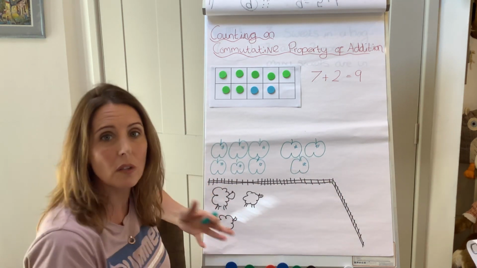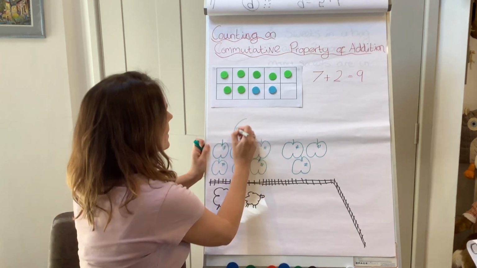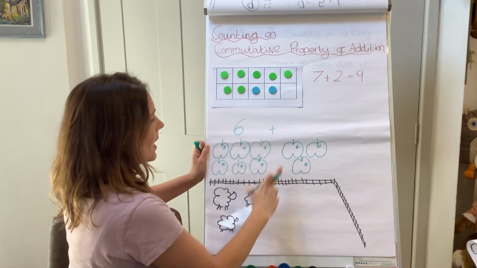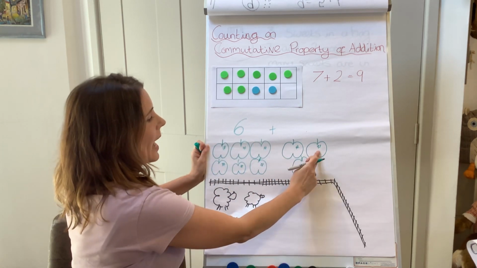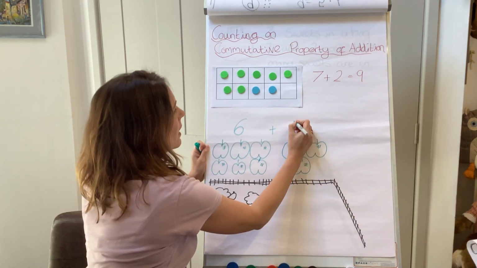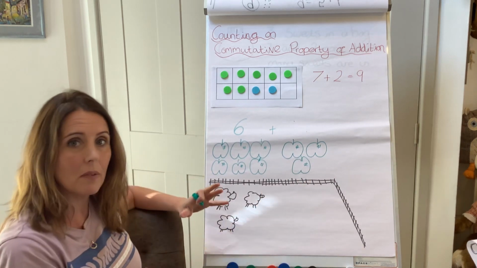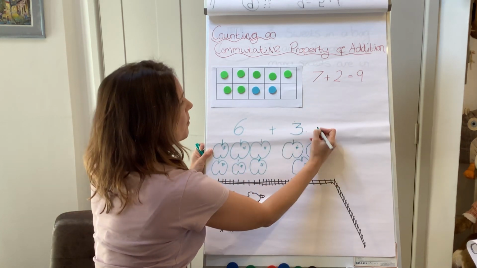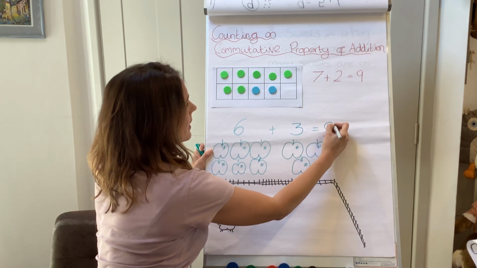So I'm going to count on to find it. I know I've got 6 here, and I'm adding on 3 more. 6, 7, 8, 9. Okay, so can we record that as a number sentence? 6 add 3 more makes 9.